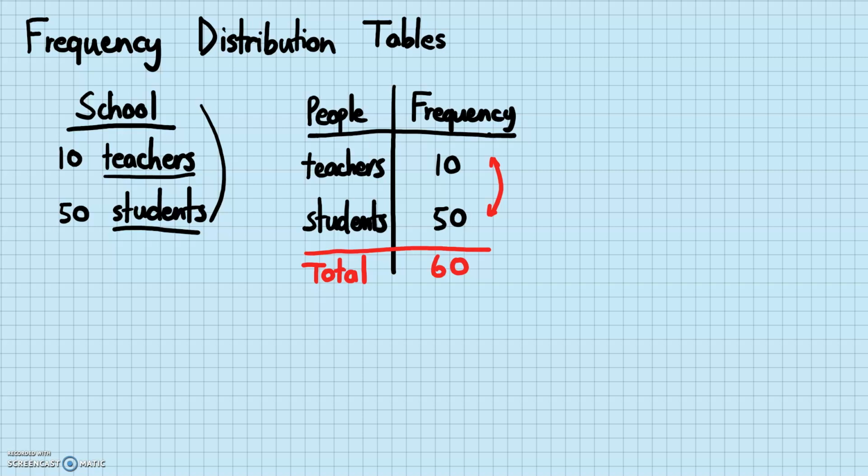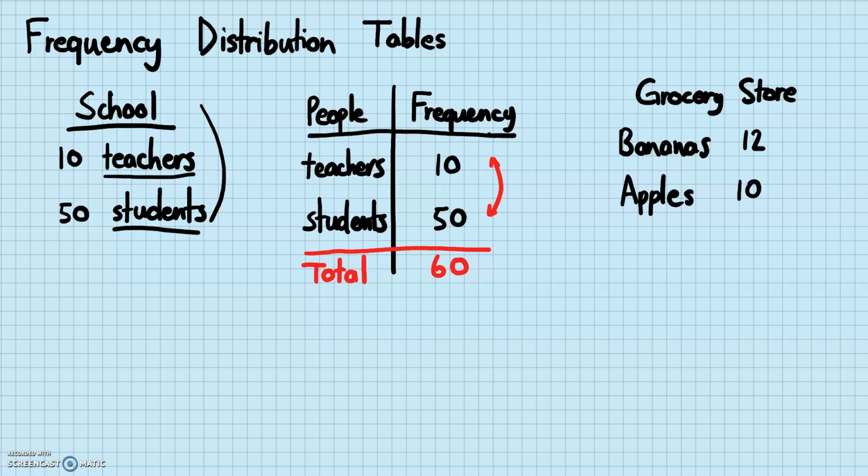Another example would be at a grocery store. At a grocery store, we have 12 bananas, 10 apples and 7 peaches. You can organize this into a frequency table like this.